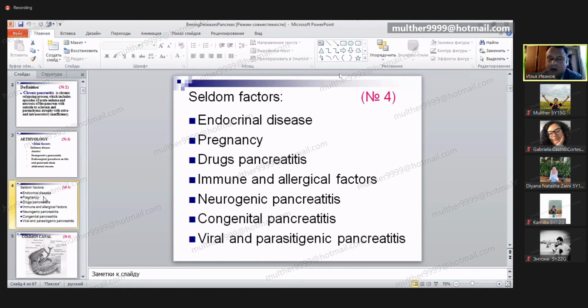It's the sclerosis of the pancreatic duct, congenital sclerosis with any problems for outflow of the pancreatic juice. Viral and parasitogenic pancreatitis. Sometimes the blockage of the papilla vateri by the ascariasis is the real reason for development of the acute pancreatitis too.